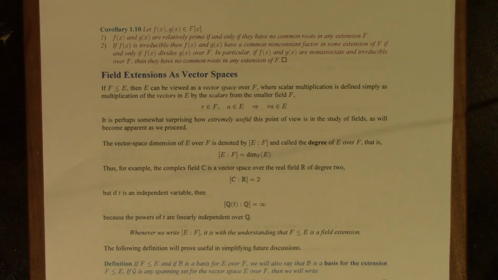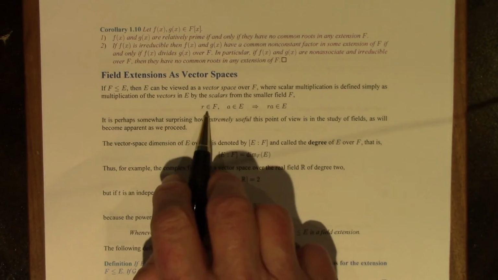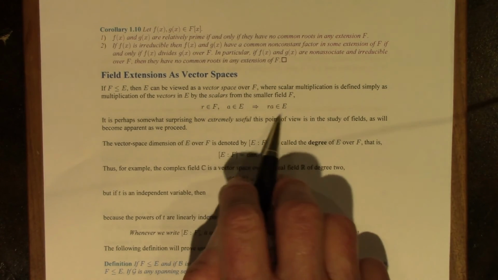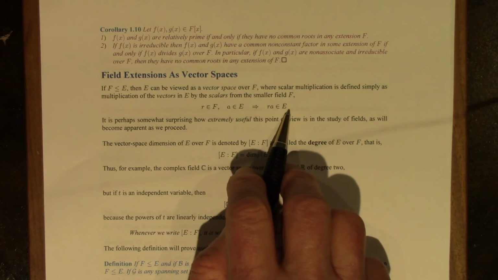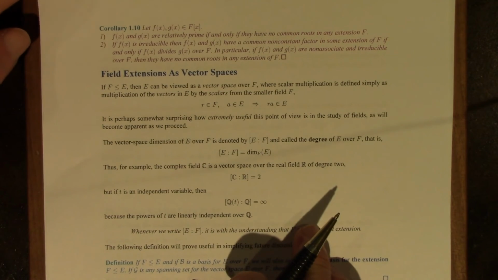Scalar multiplication is just ordinary multiplication of a vector in E and a scalar from F. So r is in F, that's a scalar. a is in E, that's the vector. ra belongs to the vector space E. And again, it might seem quite surprising, but this is a very useful point of view in the study of fields. And that will become apparent in due course.